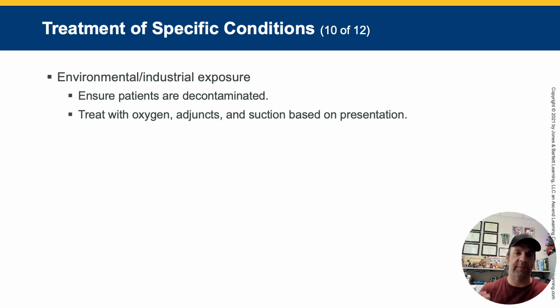Even if the pulse oximeter appears normal, tissue hypoxia may still exist because oximeters can't differentiate between oxygen and carbon monoxide saturations. Always notify the receiving hospital about the substance involved and ensure that the ambulance and the equipment are decontaminated after the call. These environmental and toxic inhalation emergencies can escalate so quickly, so it's really important to stay vigilant, protect yourself, and act rapidly to stabilize the airway and support breathing of the patient.